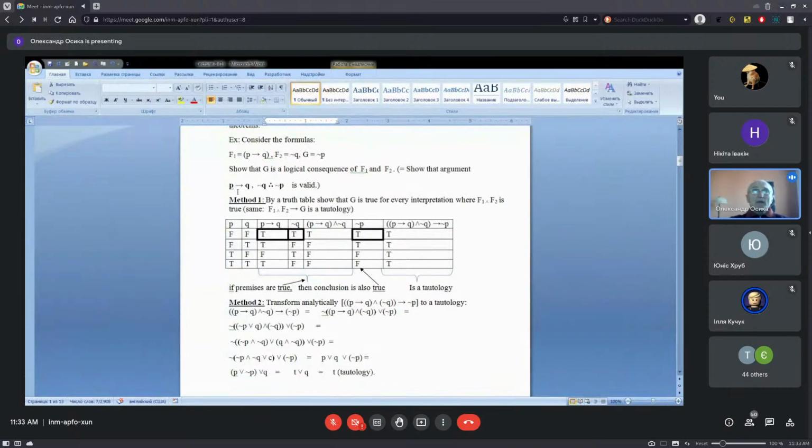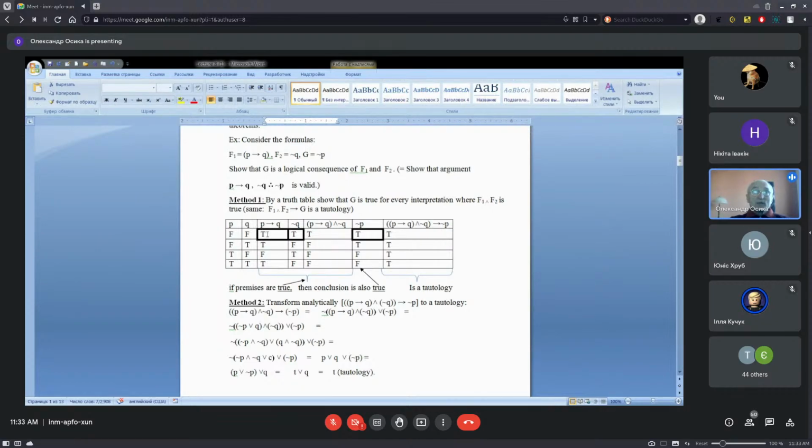Look here. We have only two propositional variables, P and Q. We have four interpretations of every formula that consists of P and Q, but we are interested in P implies Q and not Q.